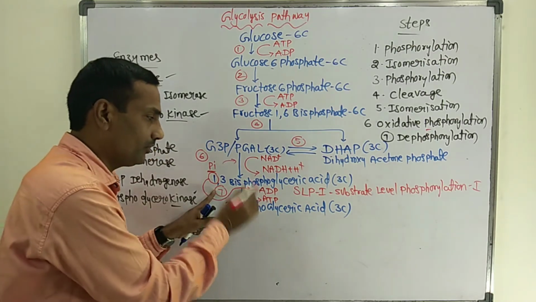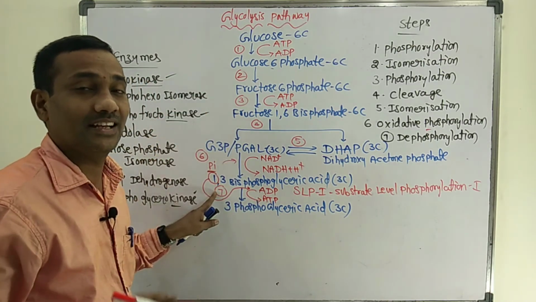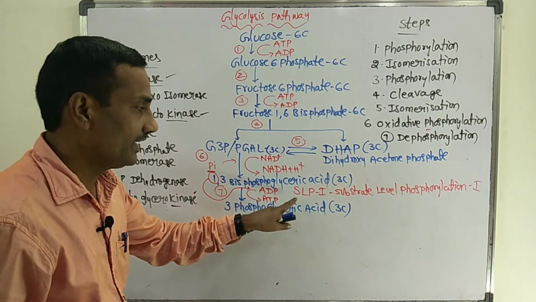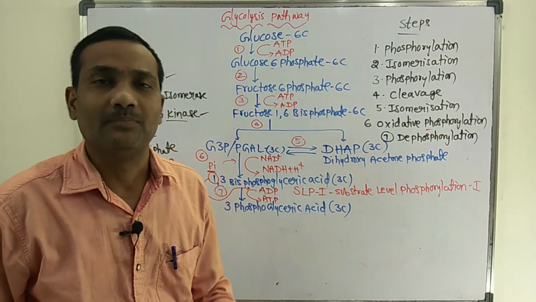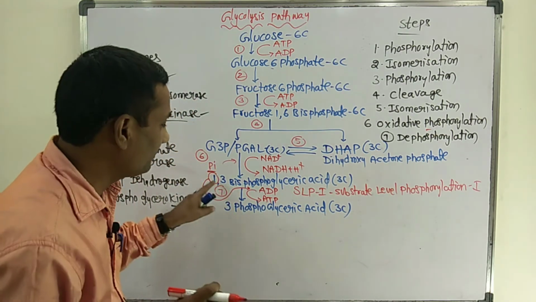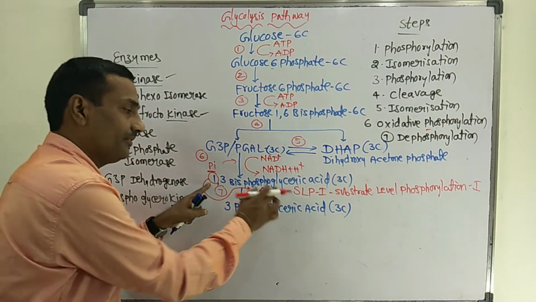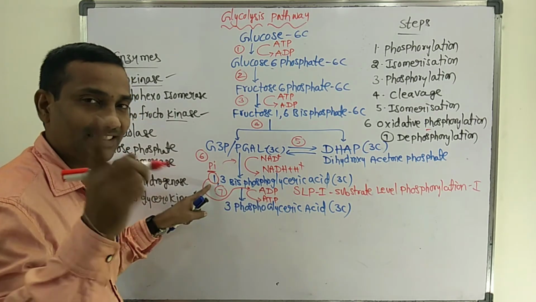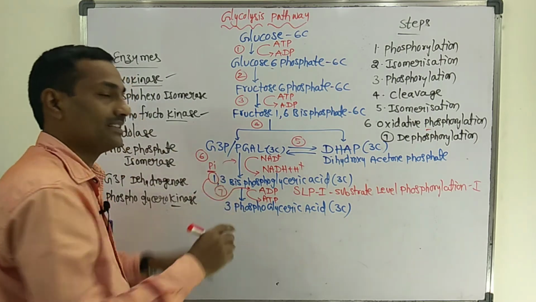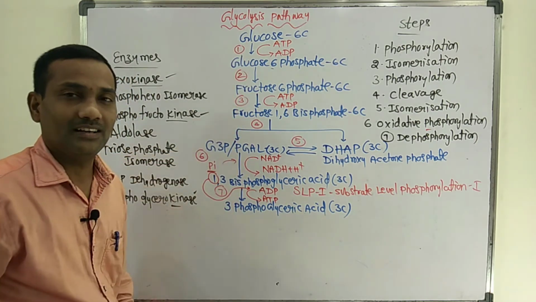The first ATP is produced at the 7th step in glycolysis, especially in the respiratory pathway. SLP, substrate level phosphorylation: the phosphate comes from the substrate for formation of ATP. So it is called substrate level phosphorylation. SLP1 occurs at the 7th step of glycolysis.